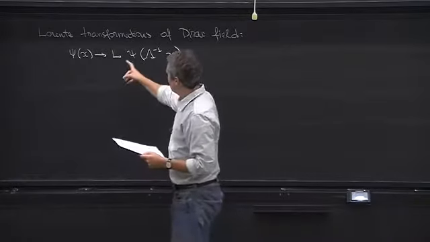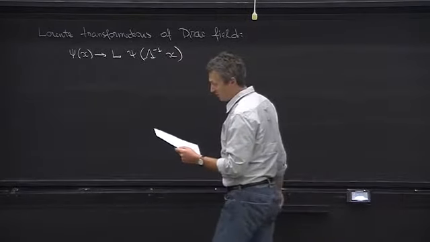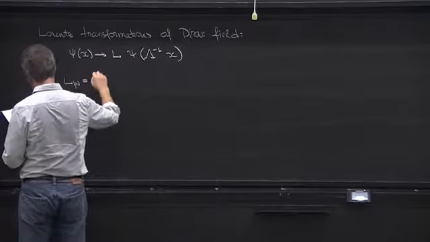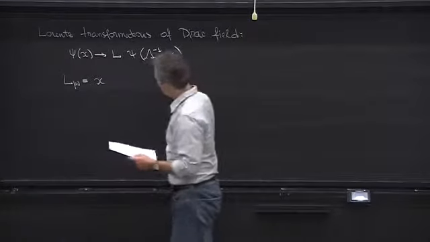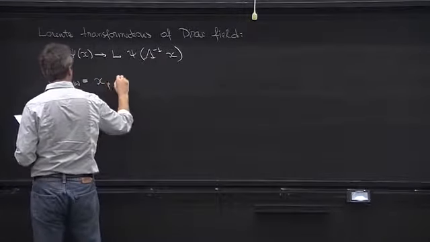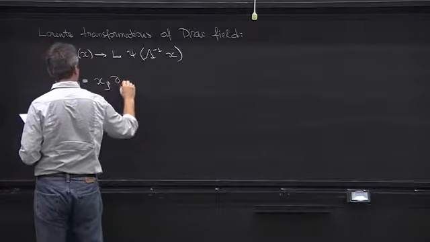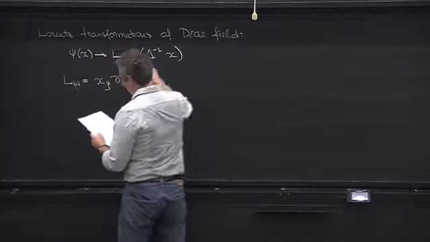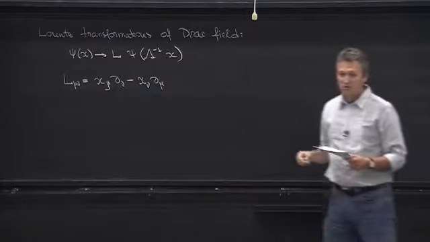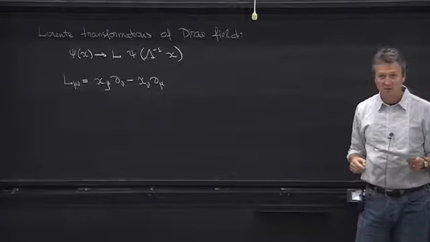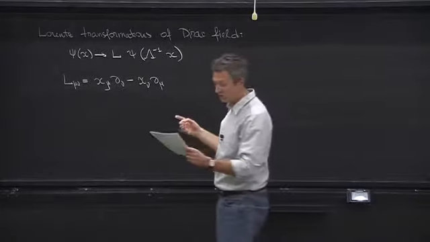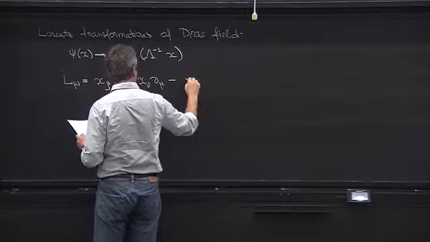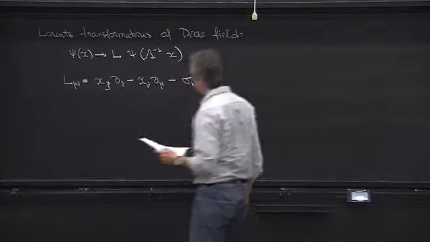If we then expand it to linear order in omega, there will be the part coming from the expansion of the argument, and that will be the same as in the case of the scalar field. And then there will be an additional term coming from L. The part in L that was linear in omega was proportional to sigma, and so the sigma will make its appearance in this equation.